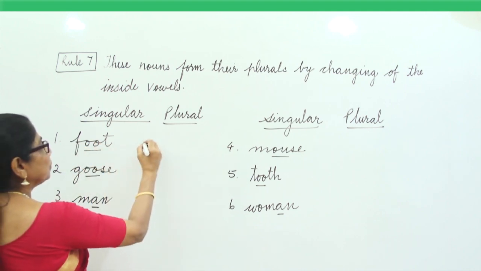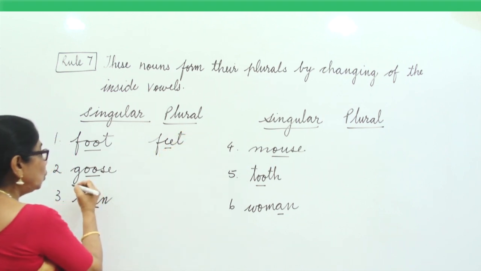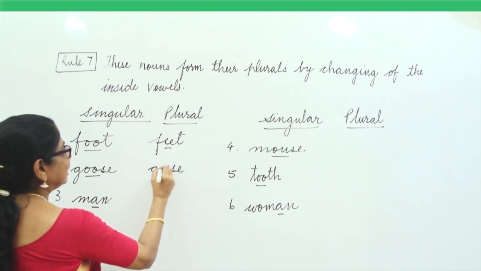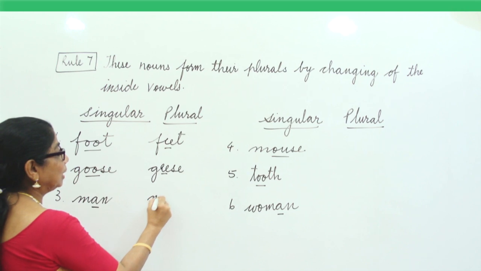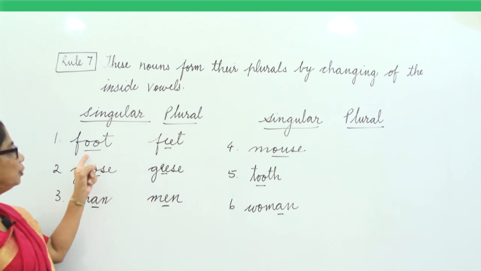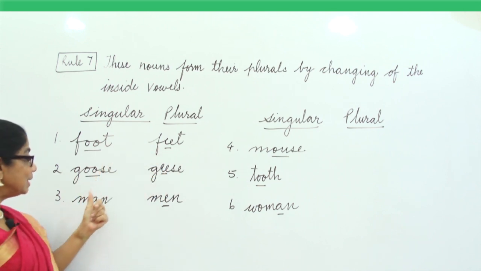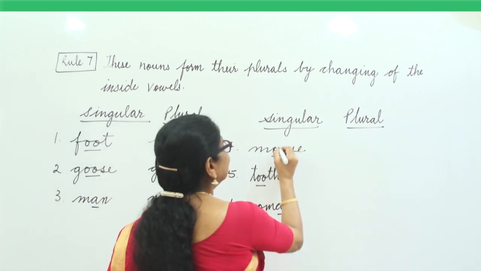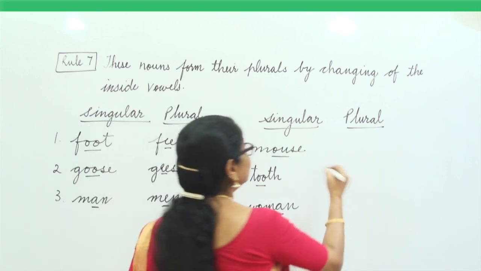Now, foot becomes feet. Okay? Goose becomes geese. Man becomes men. Look at that. Beautiful. Foot, feet. Goose, geese. Man, men. Then the next one, mouse. This O and U become mice. You change that.